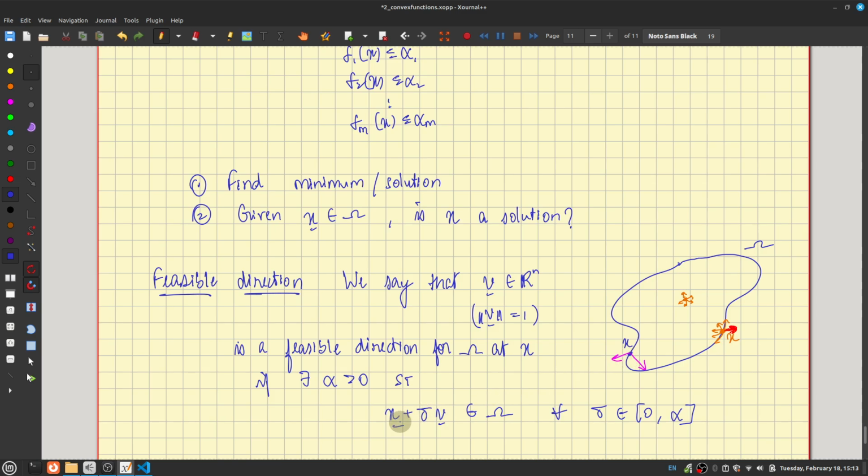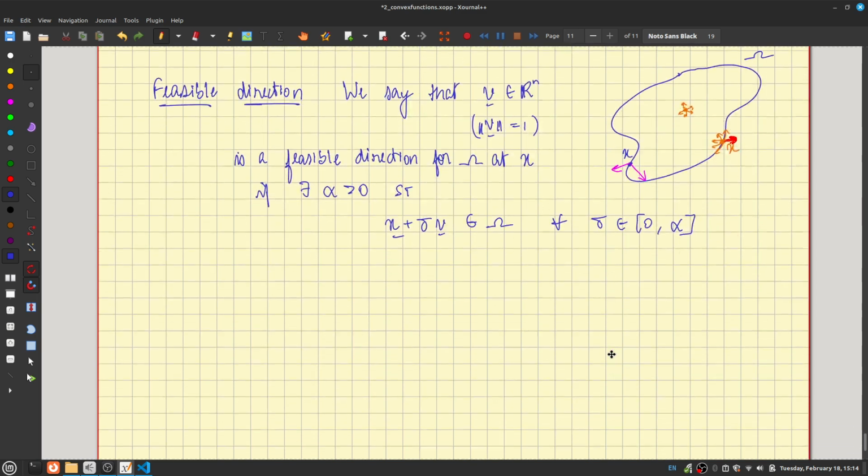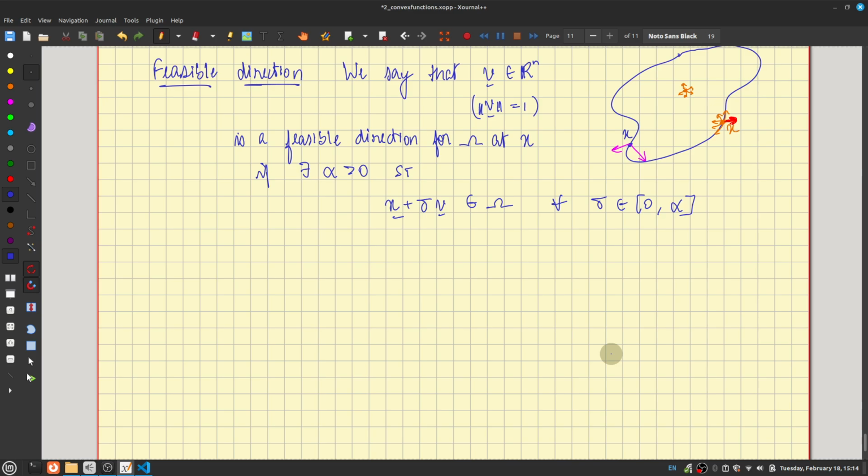So essentially this is telling me that there is some line segment with one point being x and this line segment is in the direction of v, and this is a non-trivial line segment. Is this much clear? Okay. So that's a feasible direction.